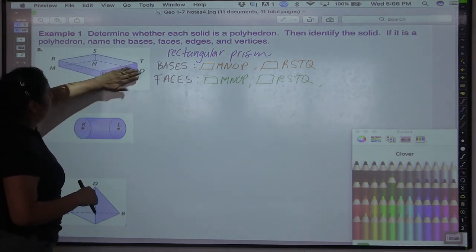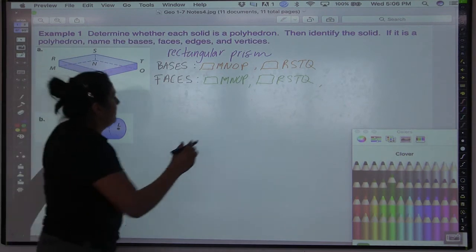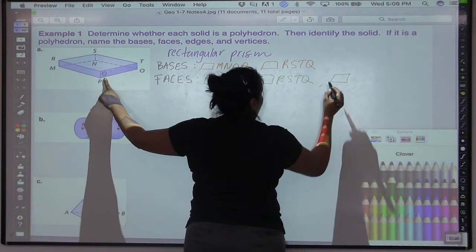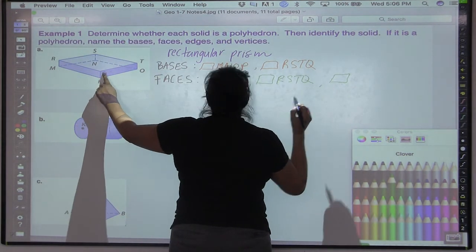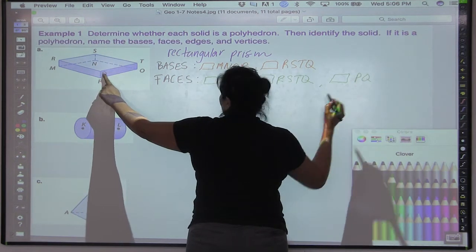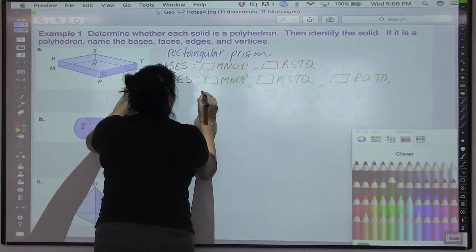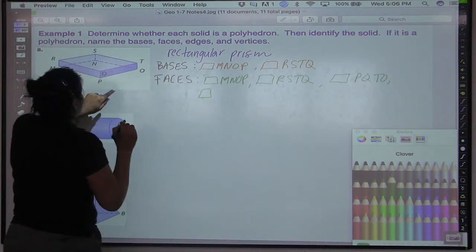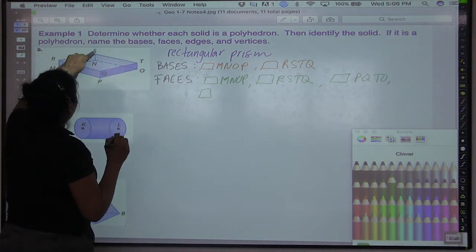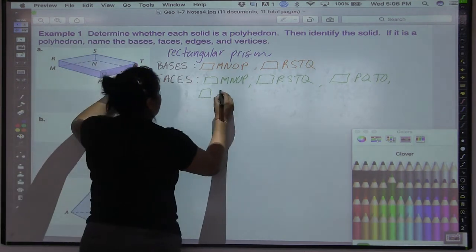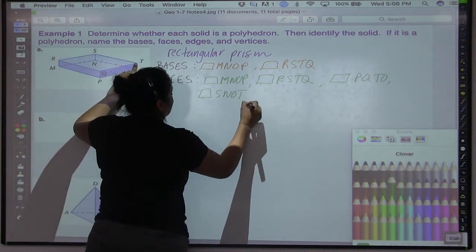So I'm going to start with this front face. So I'm going to call this parallelogram. We have 4 more to go, right? So we're going to go P, Q, T, O. And then we're going to have parallelogram. Now I'm going to the side one here. We're going to go S, N, O, T. That spells snot.